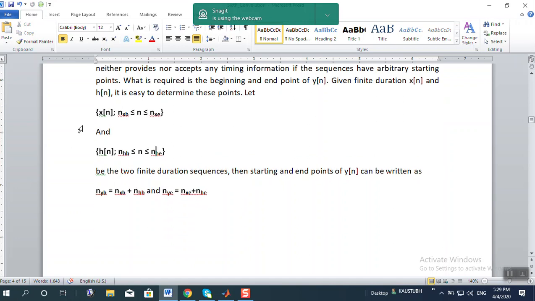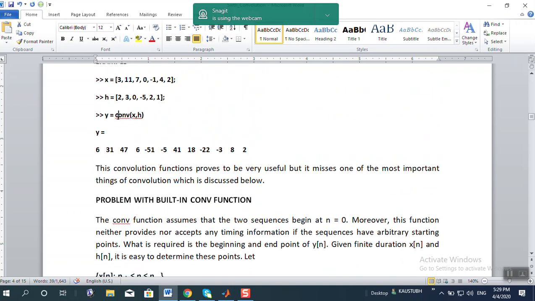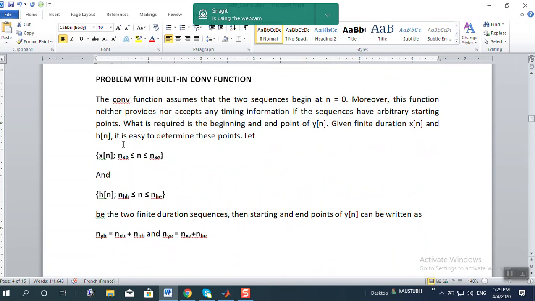But this sort of information is not provided along with the built-in conv function. That is the deficiency of conv.